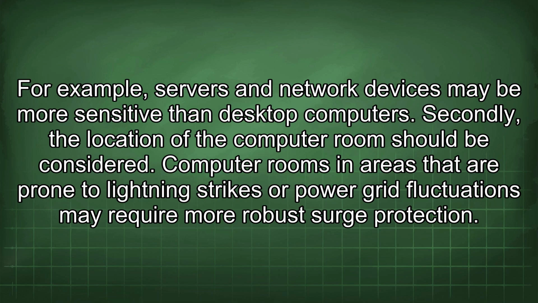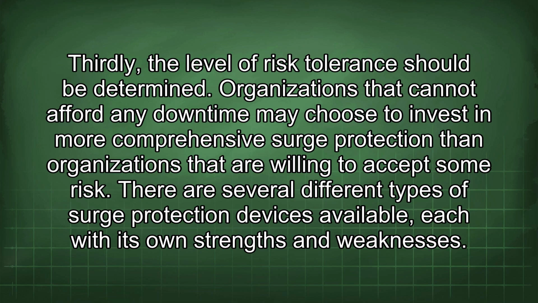Secondly, the location of the computer room should be considered. Computer rooms in areas that are prone to lightning strikes or power grid fluctuations may require more robust surge protection. Thirdly, the level of risk tolerance should be determined. Organizations that cannot afford any downtime may choose to invest in more comprehensive surge protection than organizations that are willing to accept some risk.